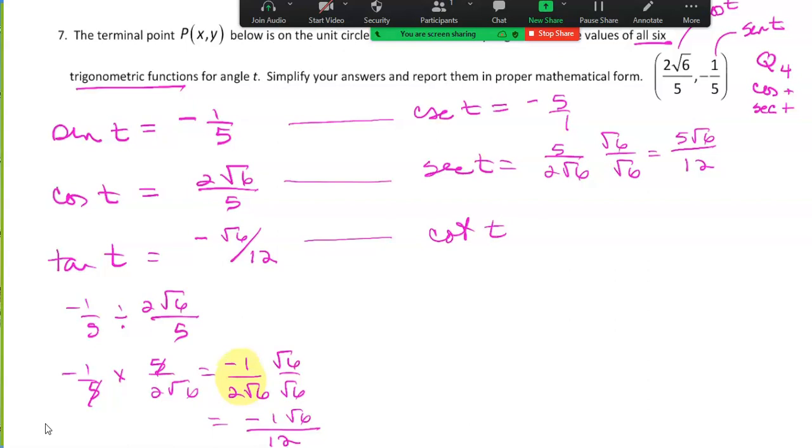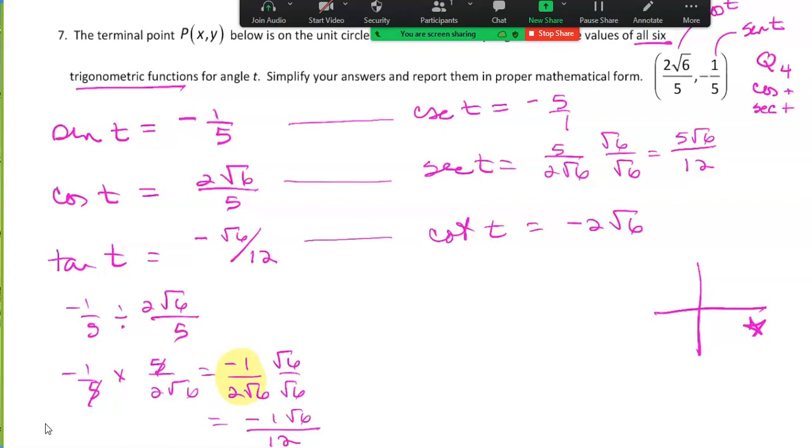Take that value and flip that over. Done. Otherwise, you'd have to re-rationalize, and that is a lot more work. So take the pre-rationalized number and give me the reciprocal of it, including the sign. And then you're good.